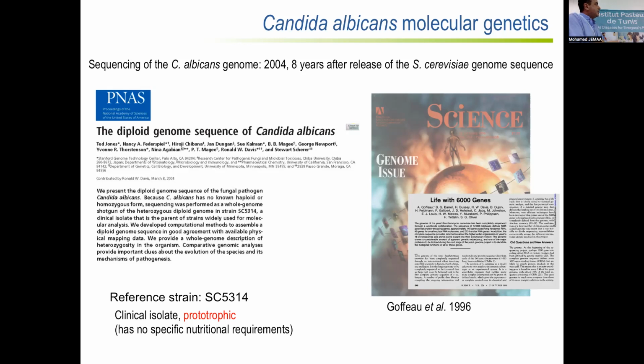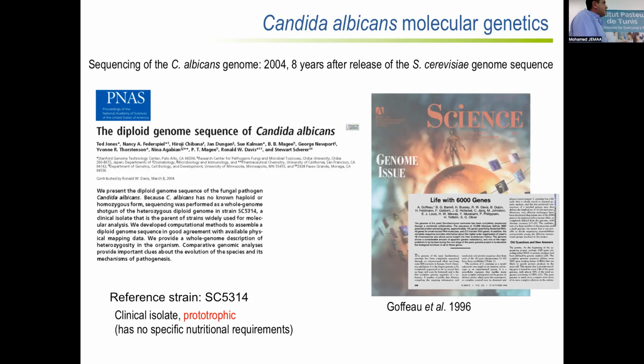It's a diploid genome. And the strain that was sequenced is a strain called SC5314, which is a clinical isolate that is the parent strain of many lab strains currently used by researchers in the Candida community.